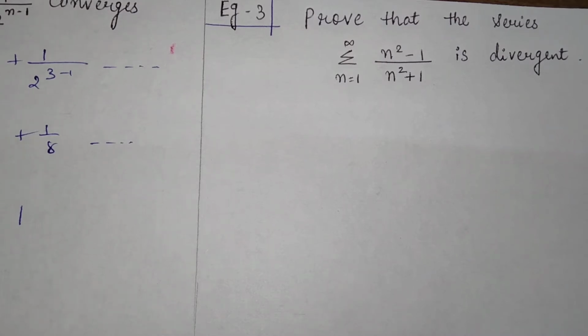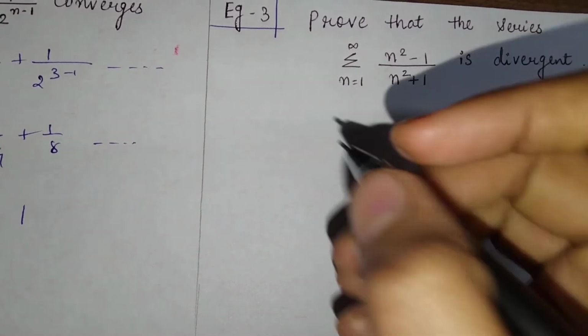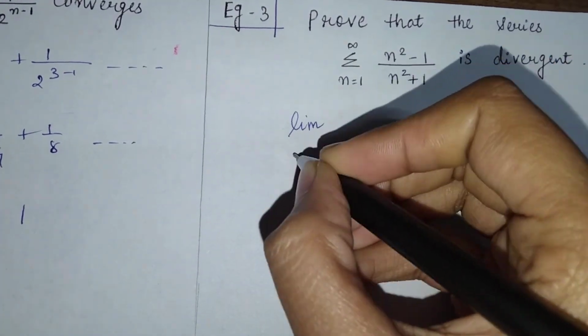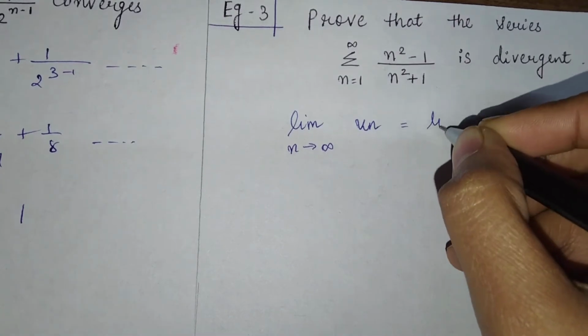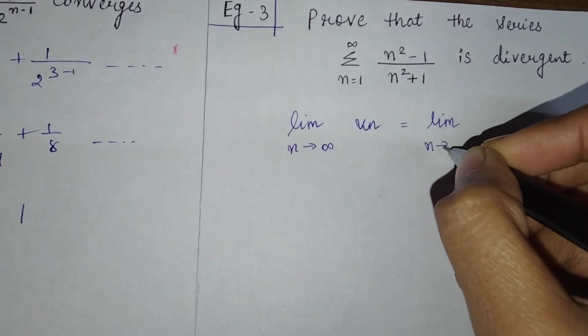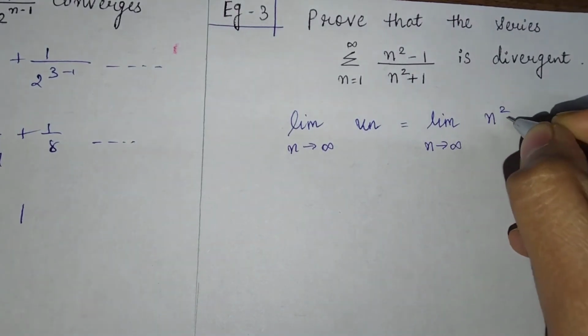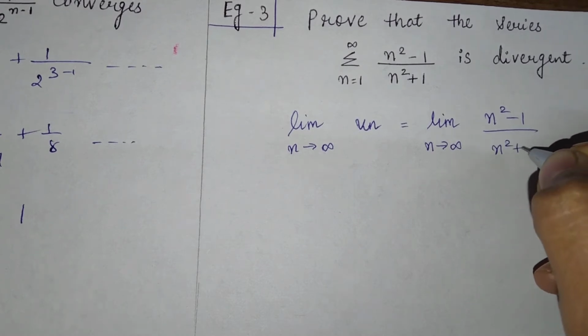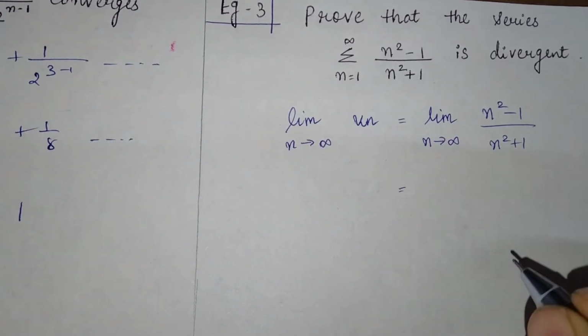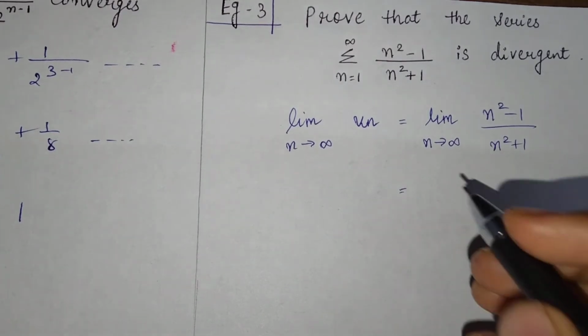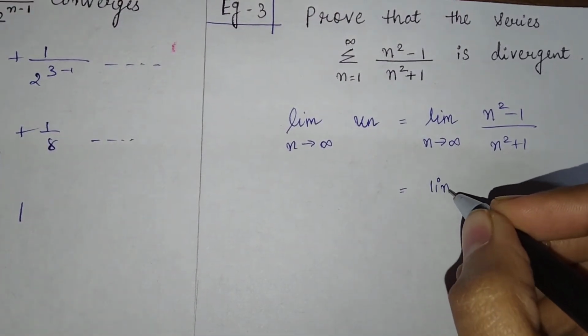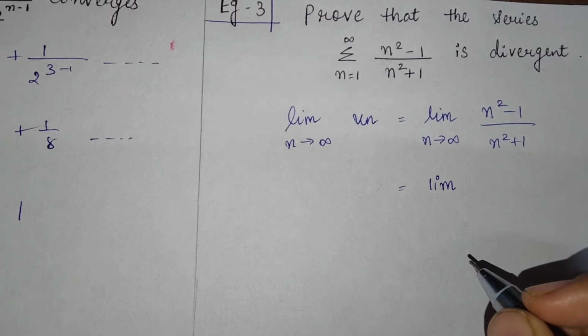Now here we can write limit n tends to infinity of un, that is limit n tends to infinity n square minus 1 upon n square plus 1. And if we put values in this term, then we can apply the nth term divergence test.